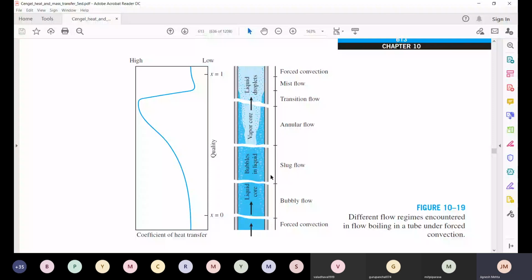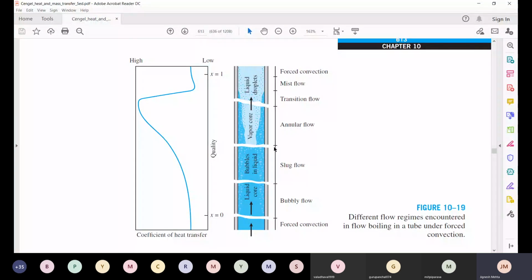Now, when this boiling is occurring, more and more fraction of the liquid is getting converted into vapor. Because of that, you see that the vapor fraction is increasing and the liquid fraction is continuously going down.